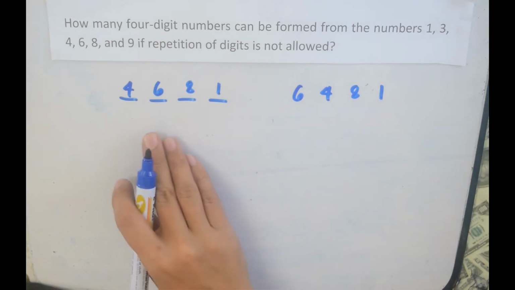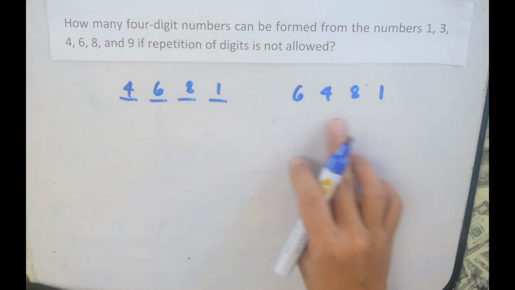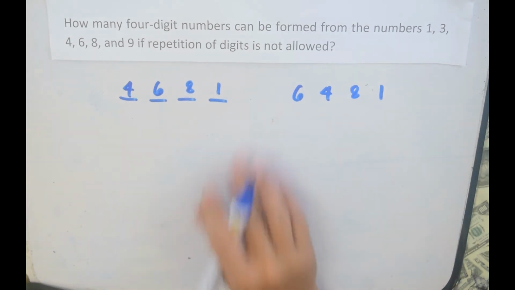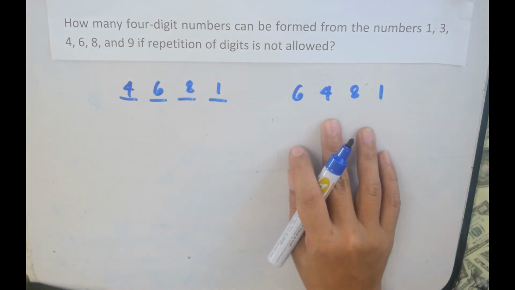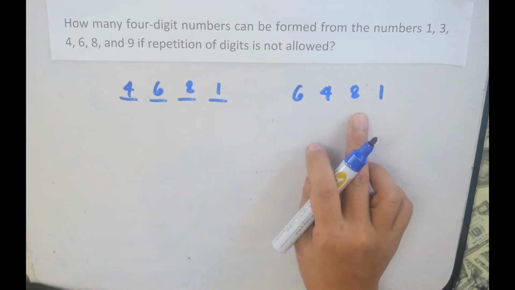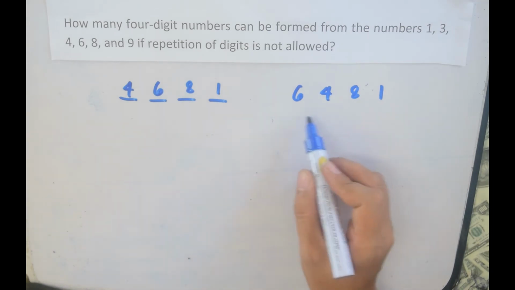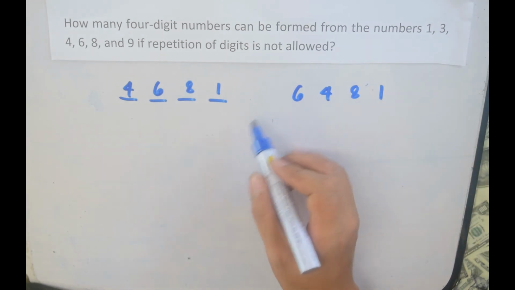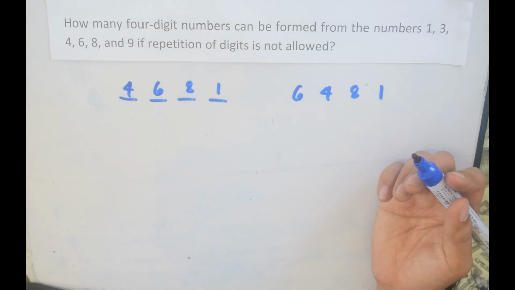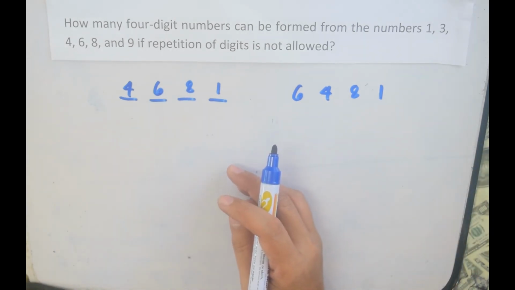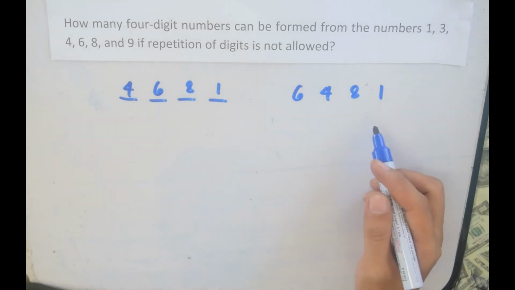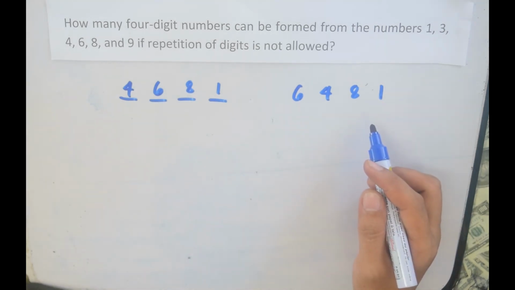We have here 4, 6, 8, 1 and 6, 4, 8, 1. Are these two numbers the same? Okay, they are different. Therefore, the order is important. Even though you are just rearranging the order here, the result is still different from the other. So, it means that this is an example of permutation.